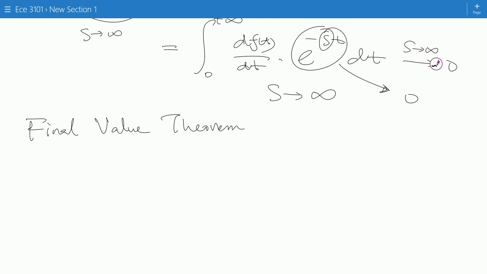Now, the final value theorem is interesting because what does final value mean? Final value means we're evaluating our function f of t at t equal to plus infinity. What does it mean? It's the steady state value of that.